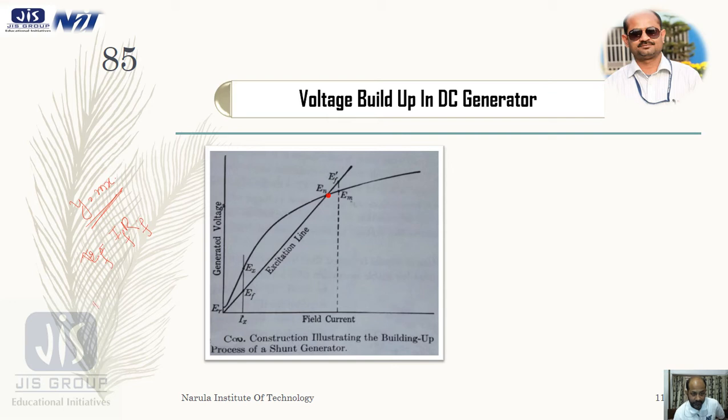So the resistance line, this is basically y equals mx. So this is my excitation line.